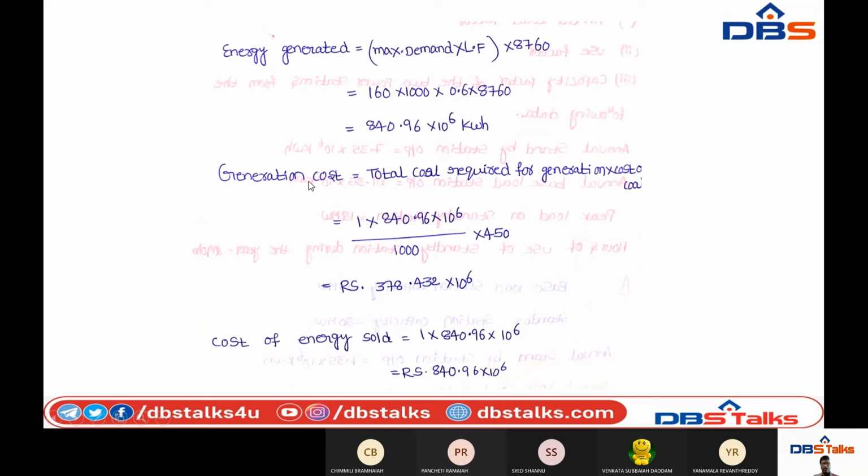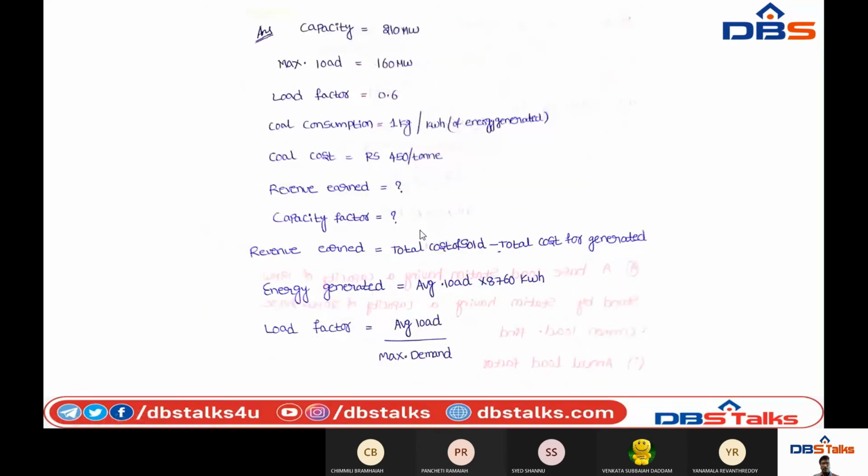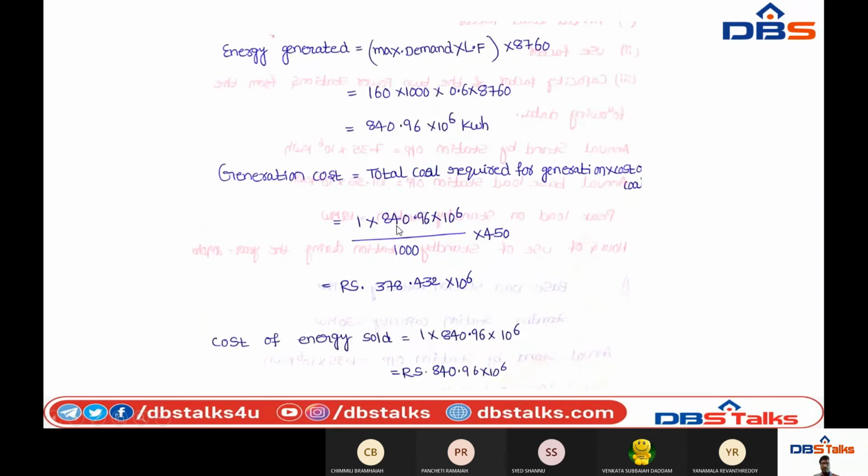After then, generation cost. Generation cost is nothing but the total coal required for generation multiplied with the cost of coal. In this, 1 into, okay, this is a negligible value, but I'm taking the value of 1 multiplied, like 1 into total energy generated per year, 840.96 into 10 power 6, divided by 1000 into 450.